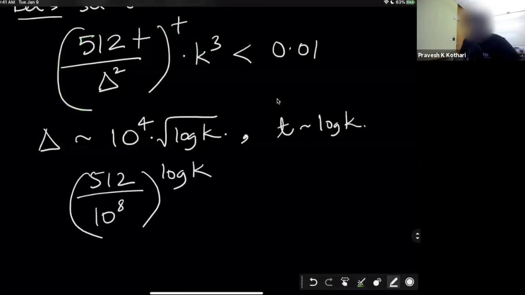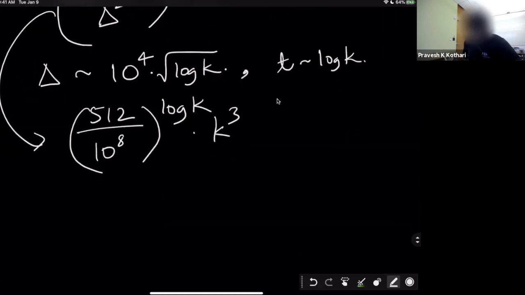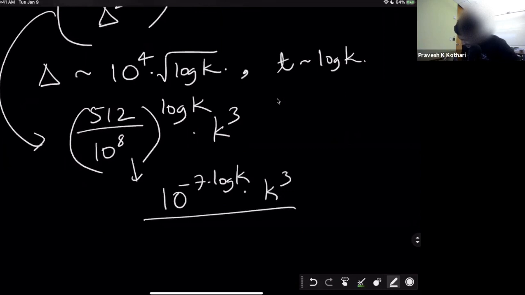So the expression above is at most some number less than 1,000 over 10 to the 8 to the log k, and you can imagine times k cubed. All I need is that this is a very small number. It's like 10 to the minus 7 log k times k cubed. If I got my math right, then this is much less than 0.01.